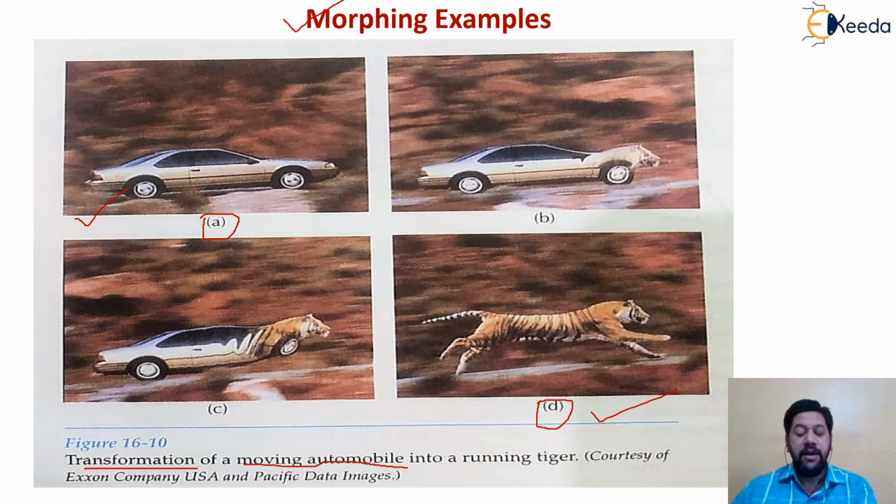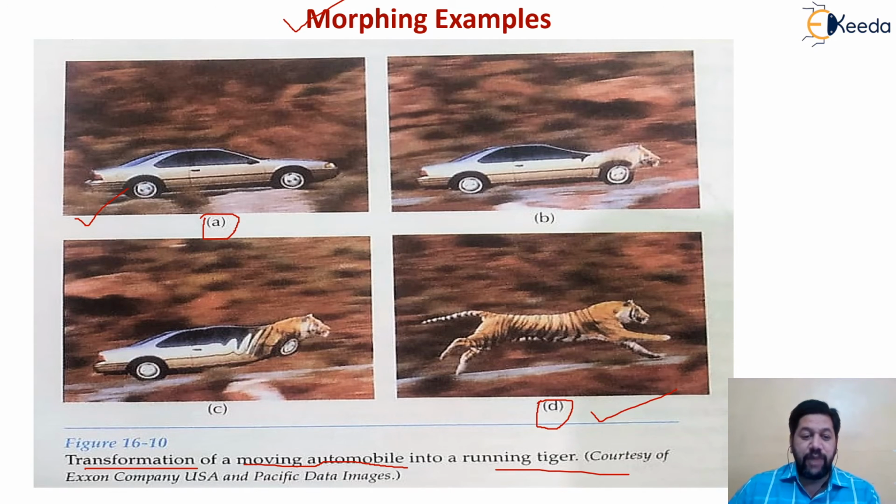I want to show in my advertisement that the speed of my car is similar to the running speed of a tiger. So the transformation of a moving car into a running tiger is shown here.